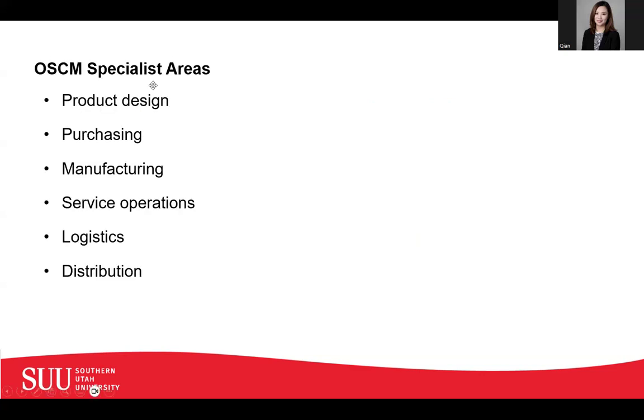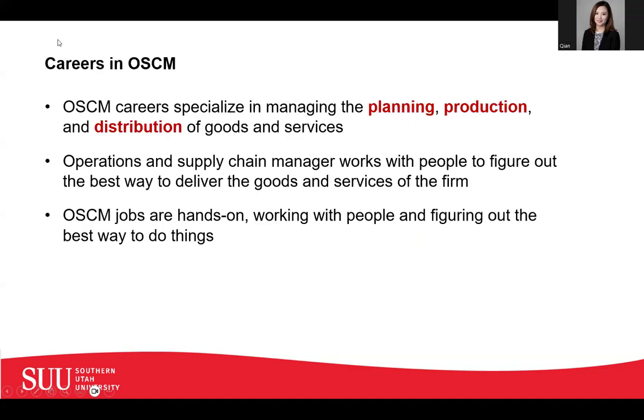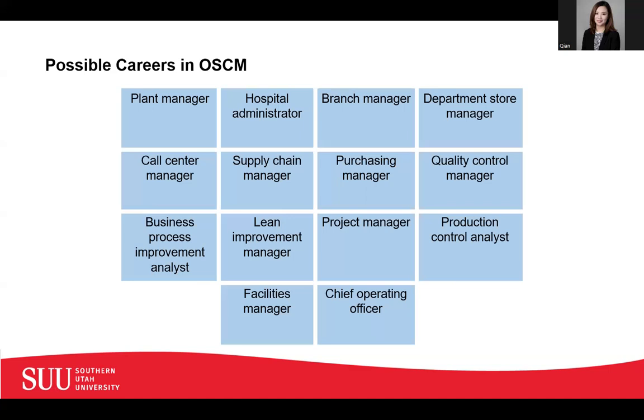And this slide gives you all the specialist areas, especially in operations and supply chain management. This also gives you some ideas about what kinds of career opportunities there are in this area. And what you need to be careful about is the different possible careers in OSCM.